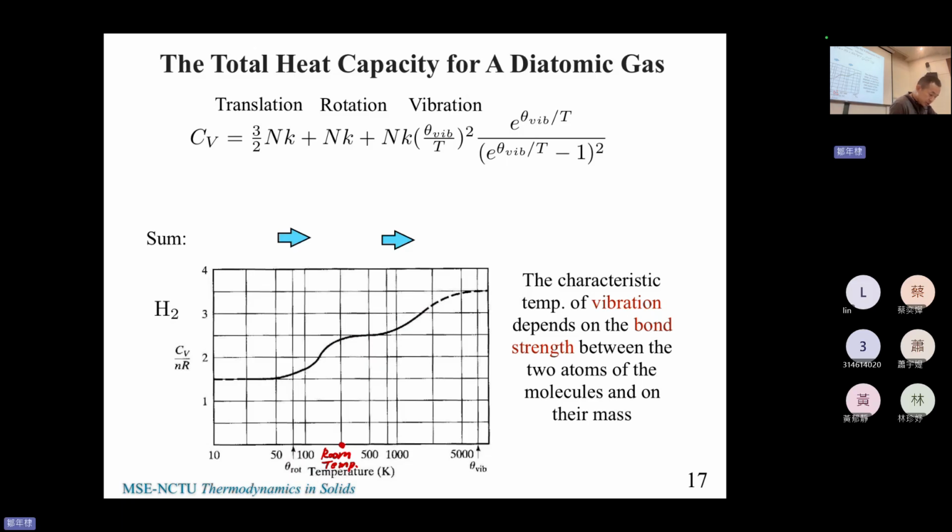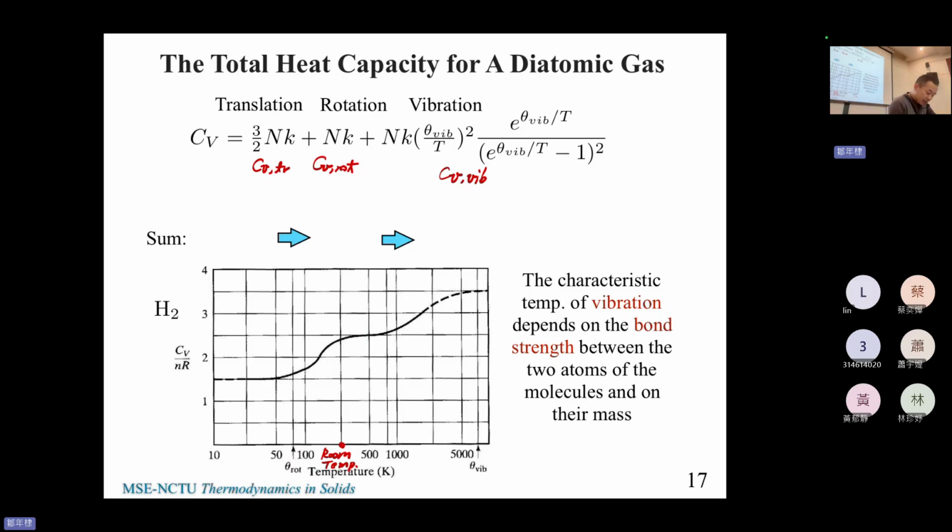So this is CV translation, this is CV rotation, and this is CV vibration.